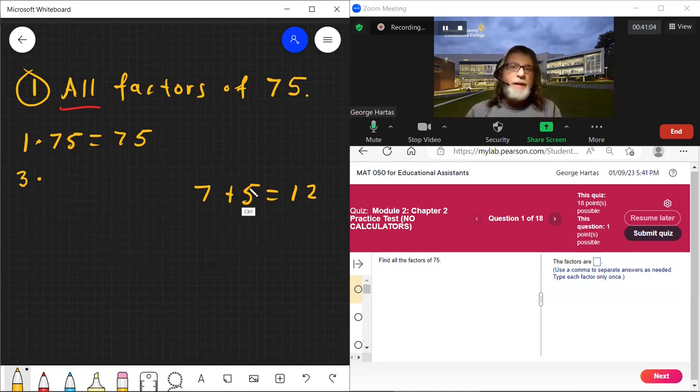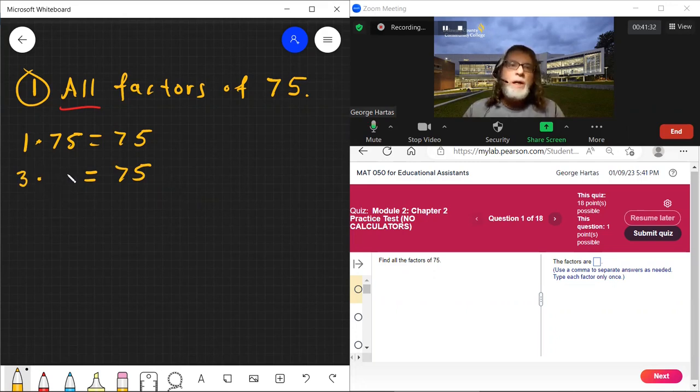So if 3 divides into 12, 3 automatically divides into 75. So we know that 3 divides into 75. We just don't know how many times. Now, you can use long division to find out, or you can use coins, money coins, as a way for you to come up with some of these.